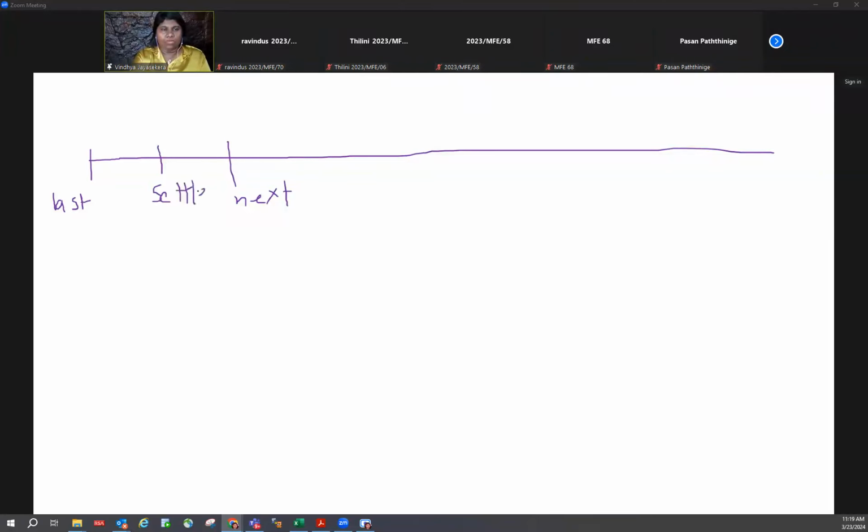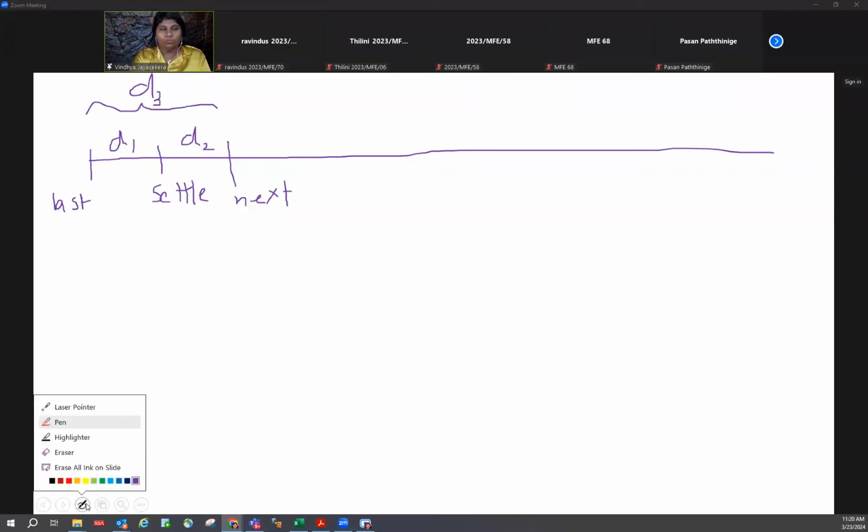Once we know the settlement date, we know what is D1, D2, and D3. And what do we assume? These are the steps. We assume next coupon payment date is year 0. Next coupon payment date, not last, next.